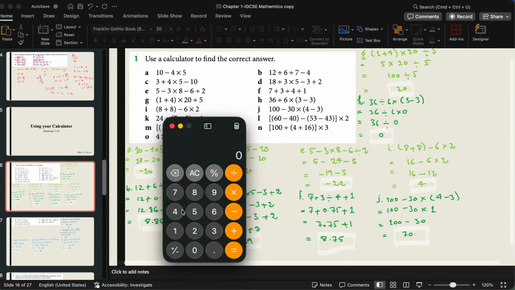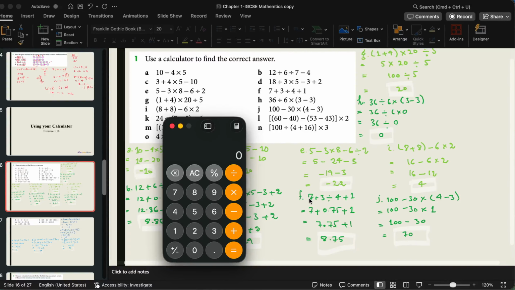So the overall expression becomes 5 minus 24 minus 3. When we subtract 24 from 5, we get minus 19. So minus 19 and minus 3 is equal to minus 22.